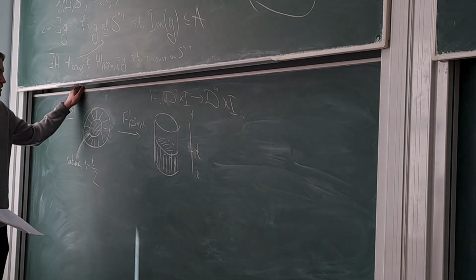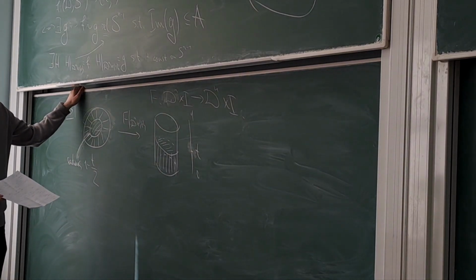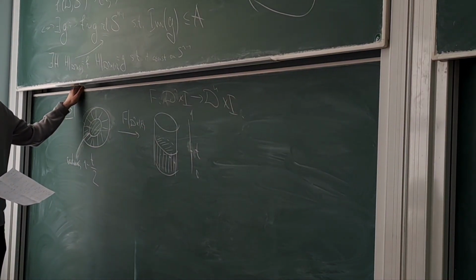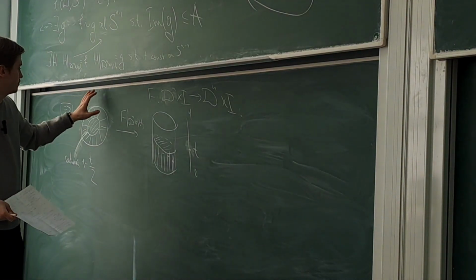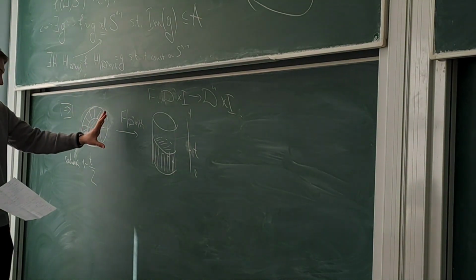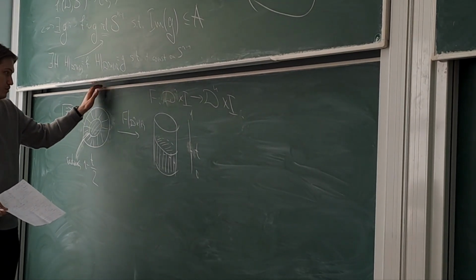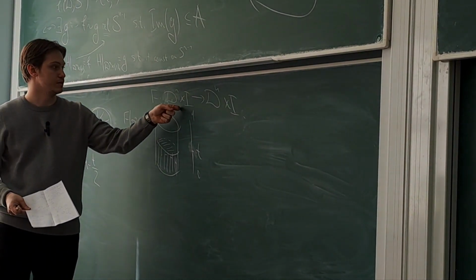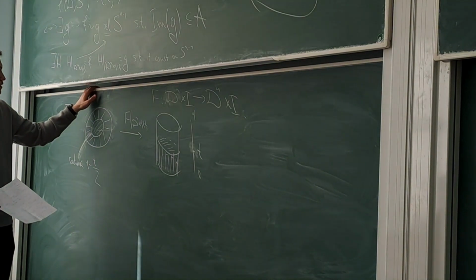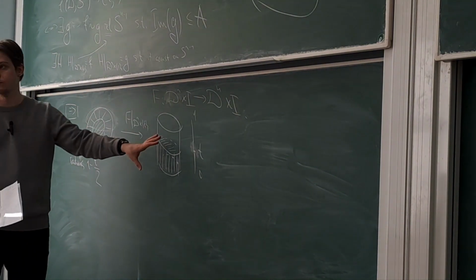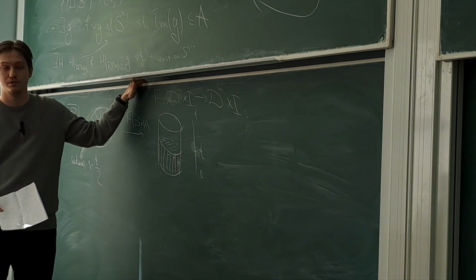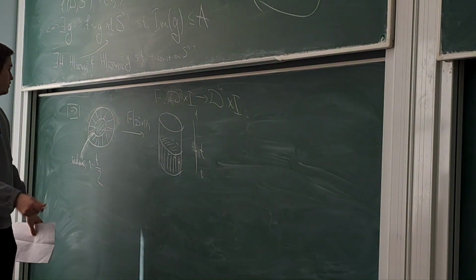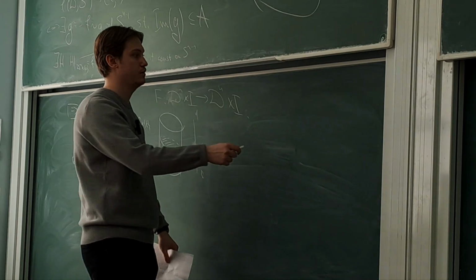I can give you a concrete formula if you want, but this map is precisely given by this picture. The restriction on the corresponding disk maps this disk as in the picture. Is it clear?